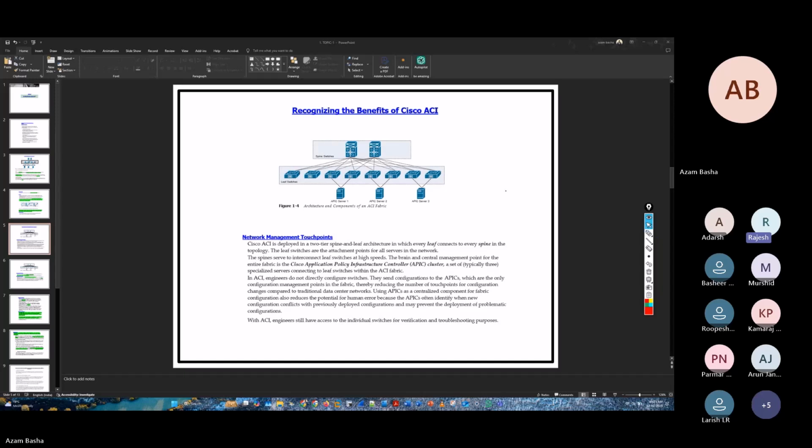Legacy Nexus also has introduced VXLAN and so on, right? So how is legacy Nexus replacing ACI? See, to answer your question this way, firstly, Nexus is a different device. ACI is a different solution.